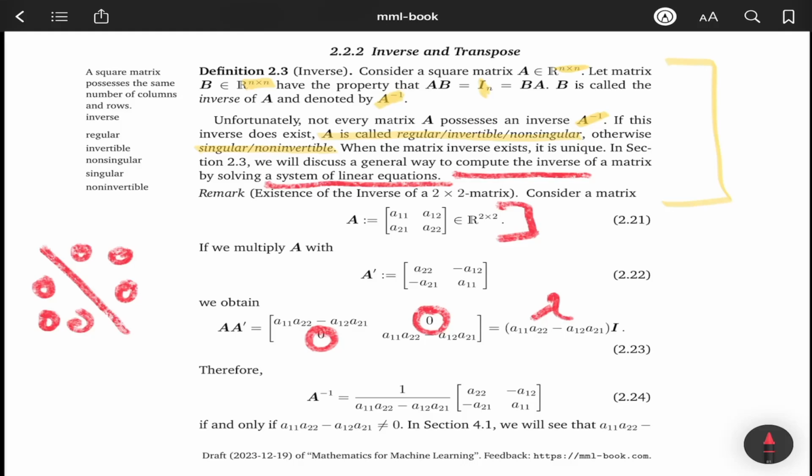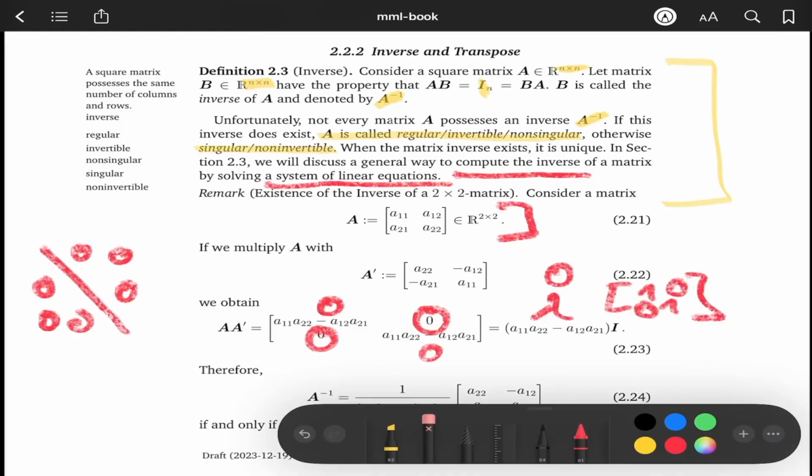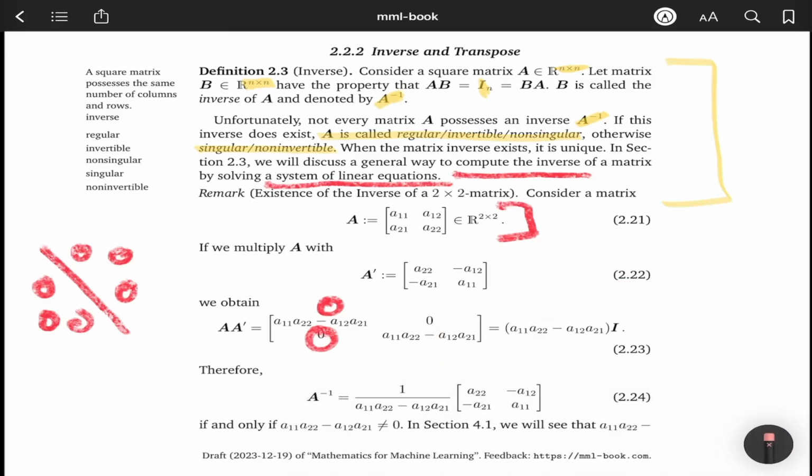Even if everything is 0, if the scalar is 0, then it would still be true, because I could compute that. Okay, let's clean up a bit.